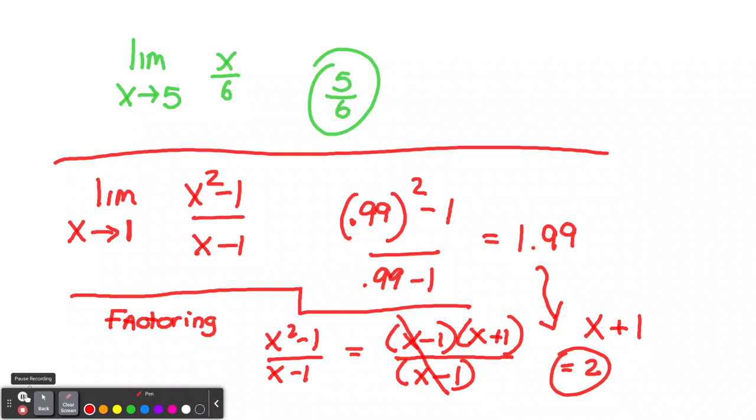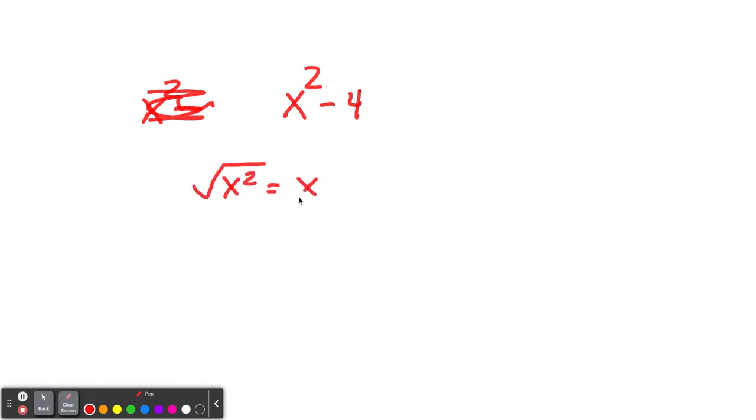Now, just in case you don't know the difference of two squares, let me just show you quickly, but you should know that, and I have videos on that also. So let's clear that out. Go back if you need to. So for example, if we had x squared minus 4, these are two squares, right? Because we know that the square root of x squared is x, because x times x is x squared.